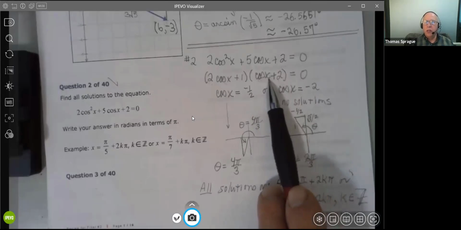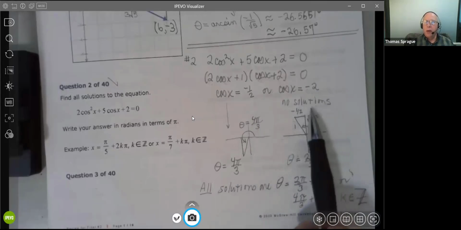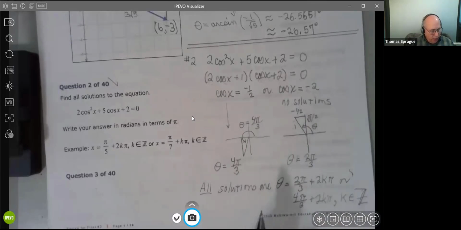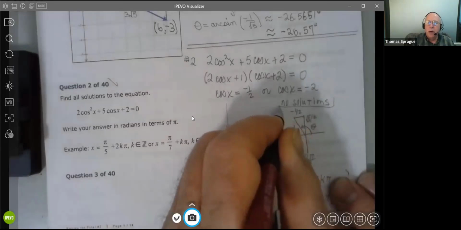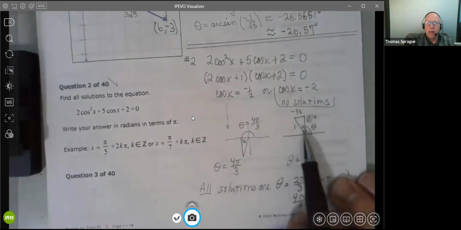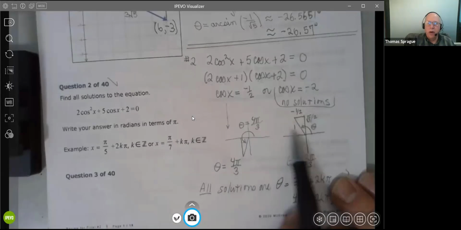In other words, cosine of x would have to be minus 2. Well, that's not possible, so that one you don't have to worry about. And that little comment has nothing to do with this graph.